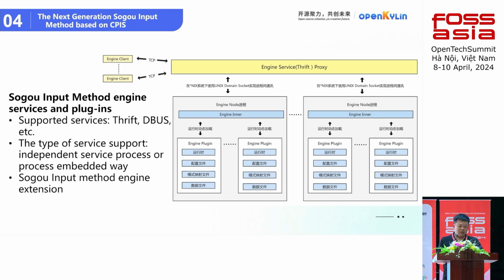Each service module supports both independent service process or process inlays. Multi-language and multi-module input functions can be extended by engine plugins such as national standard, minority language input, and remote character input, and so on.